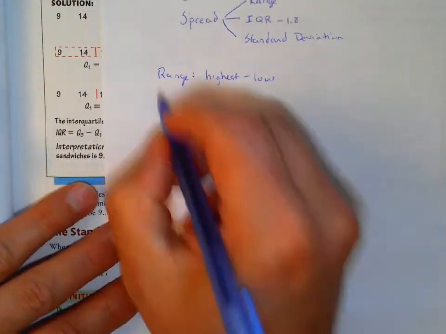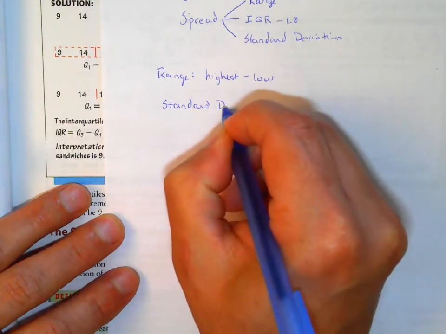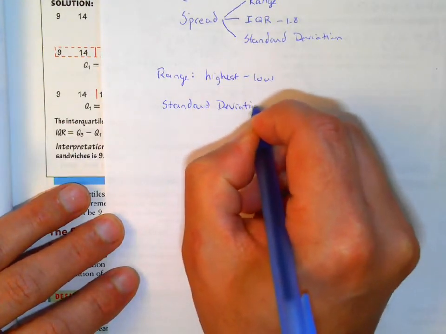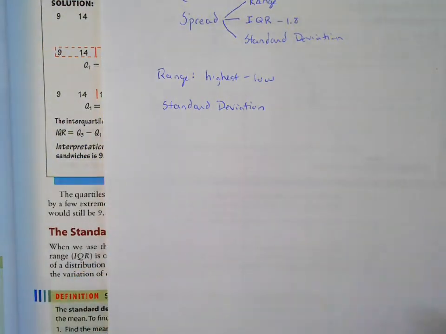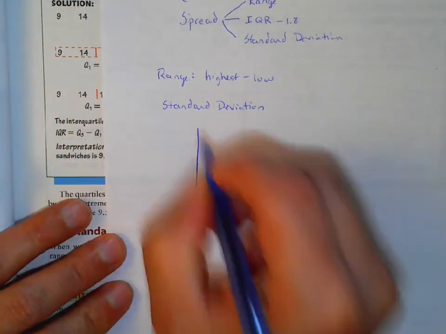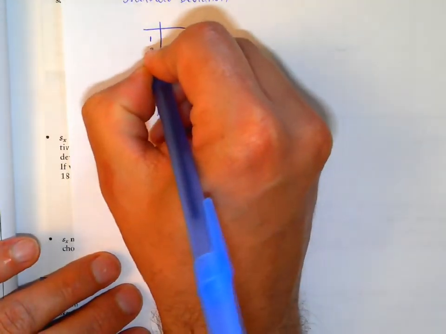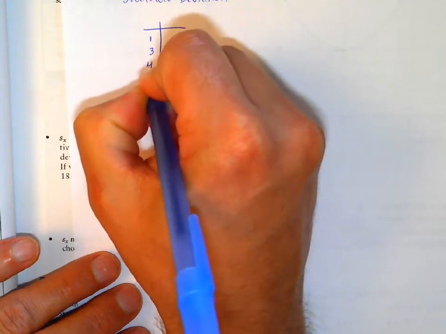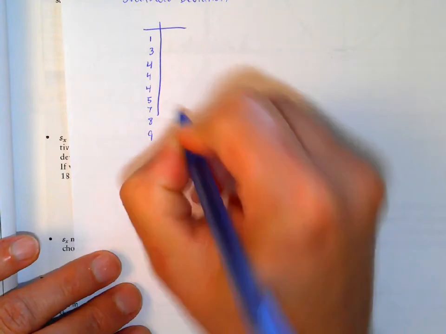For standard deviation, we did that in class today. Okay, so say we get some random numbers, and I'll just use some numbers here that they have in the book. So say we have 1, 3, 4, 4, 4, 5, 7, 8, and 9.